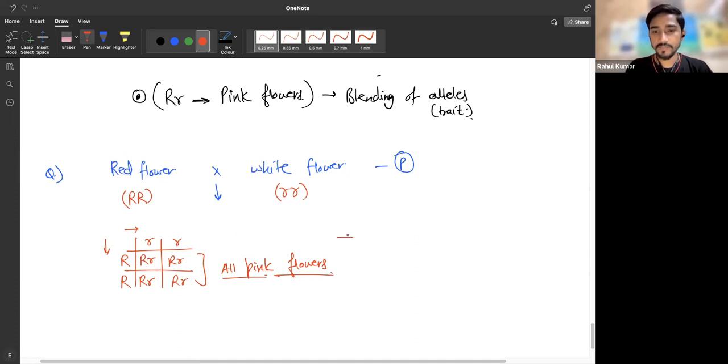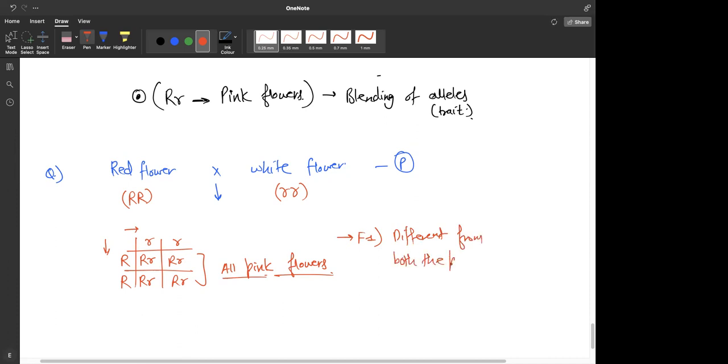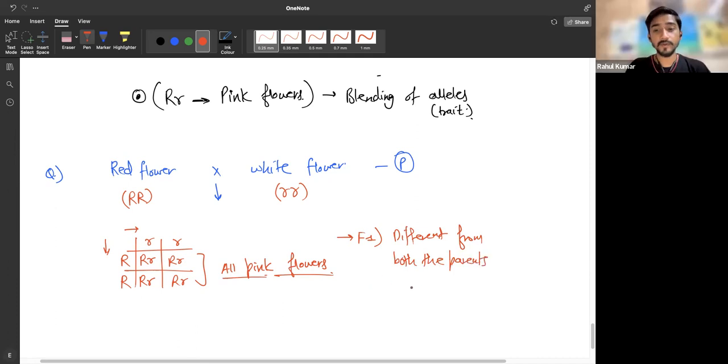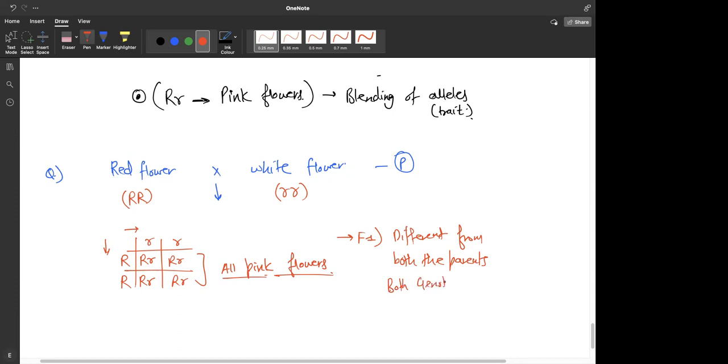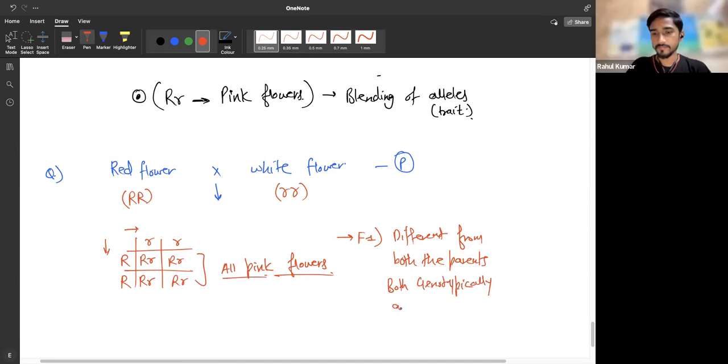In here, the F1 generation is different from both the parents, both genotypically and phenotypically, correct? Write down this statement: both genotypically and phenotypically.